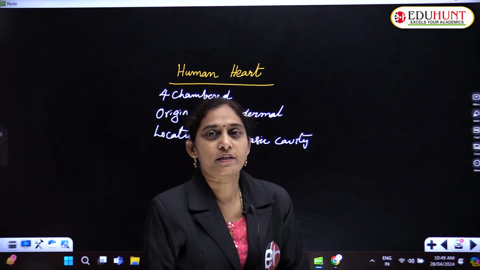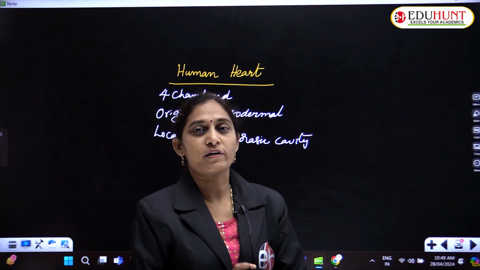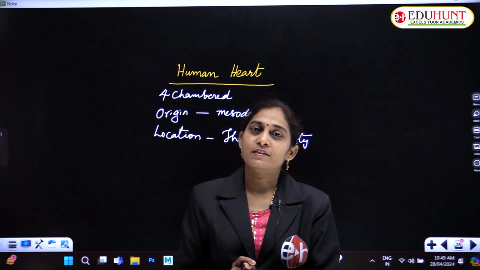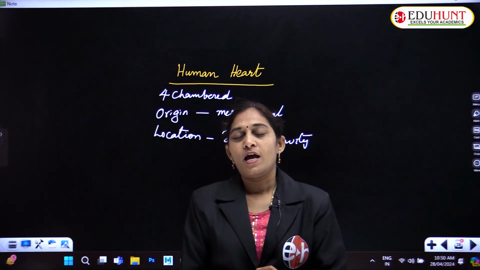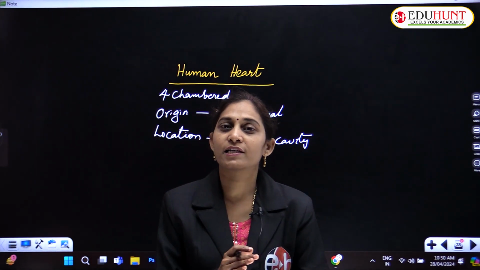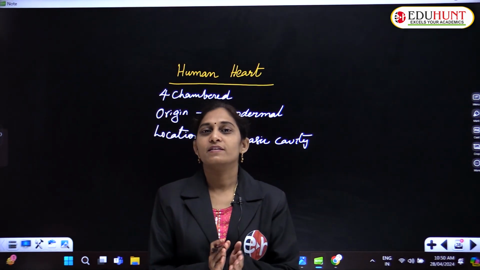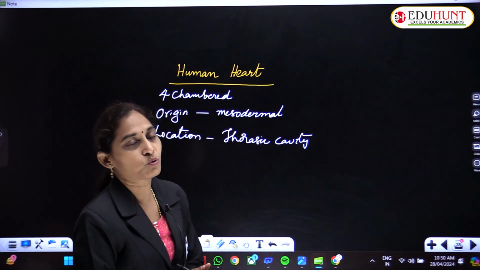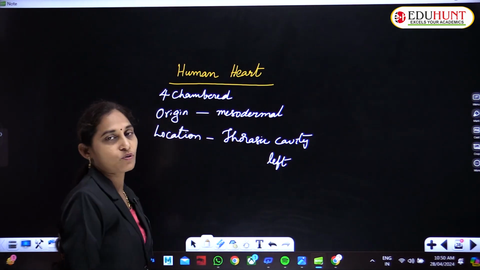The two auricles present in the upper region of the heart, the broader region, are slightly tilted towards right or dorsal, and the narrow ventricular portion of the heart is slightly tilted towards left. So, since it is slightly tilted both ways, mostly it is tilted towards the left of the thoracic cavity.